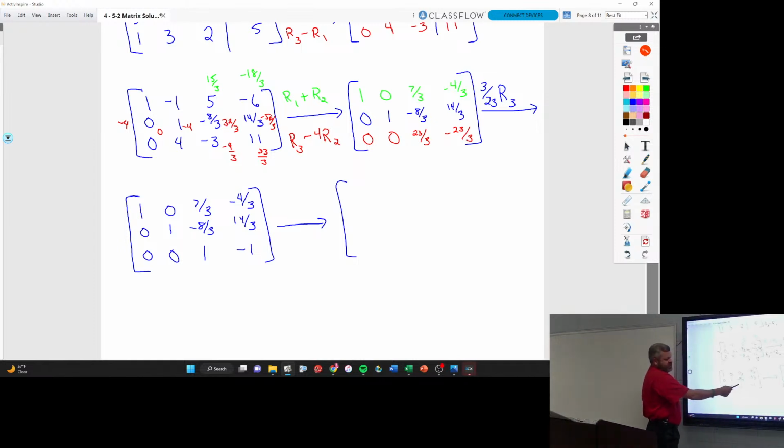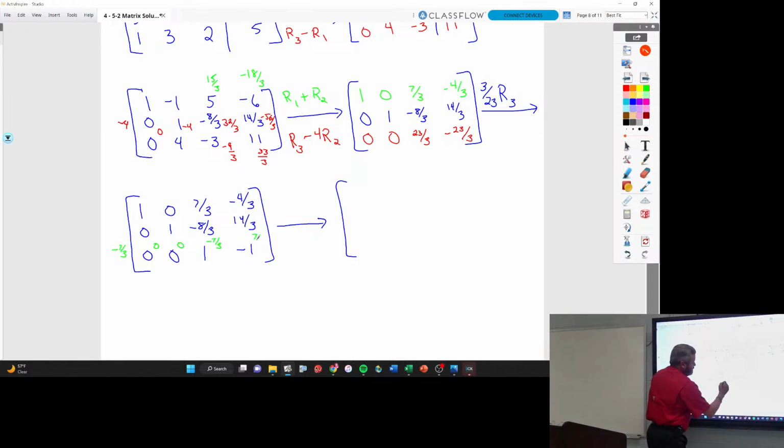Well, that means I'm just going to take that row 3 and multiply it by negative 7 thirds. Negative 7 thirds times 0 is 0, 0. Negative 7 thirds times 1 is negative 7 thirds. And negative 7 thirds times negative 1 is positive 7 thirds.